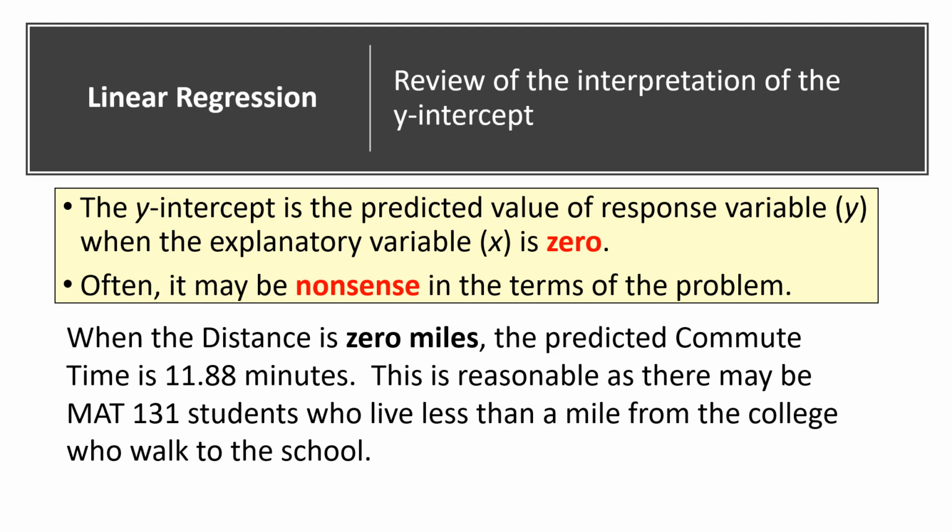And in the terms of this situation, there could be students who live less than a mile away from the college, but they have to walk to school. So it is going to take them a little bit of time, even though less than a mile away from the college is not a big distance. It does take a little bit of time to walk to school. This is a reasonable interpretation for this situation.